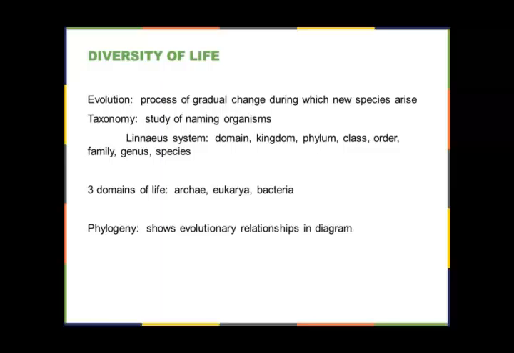When we look at the domains, there are 3 domains of life. There's the archaea, the eukarya, and the bacteria. Both the archaea and the bacteria are going to be prokaryotic cells. The eukarya are going to be eukaryotic cells. So most of these you've probably heard of before. The archaea may be a group that is new to you.